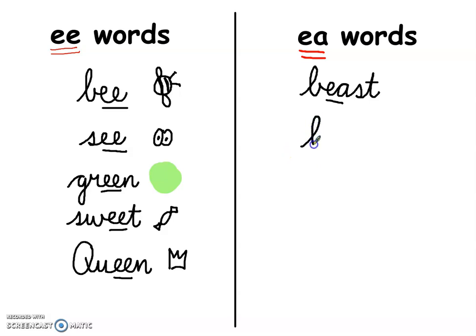Or B, E, Ch. Beach, like the seaside. What about the word T, E, team, like a football team or a basketball team.